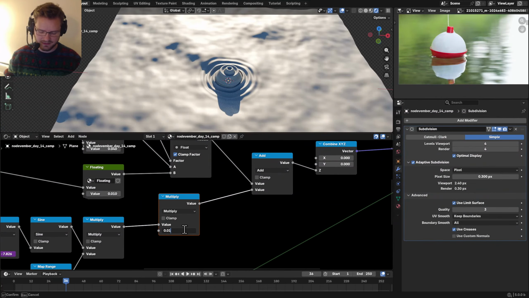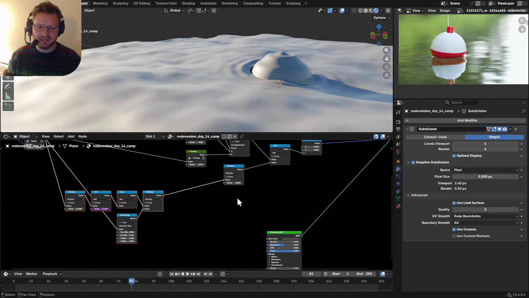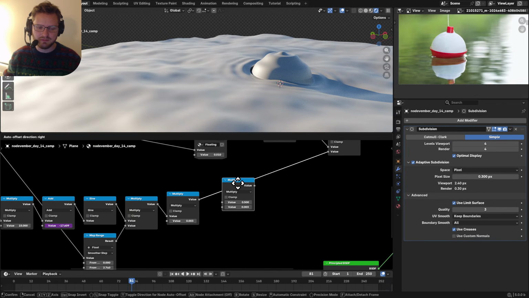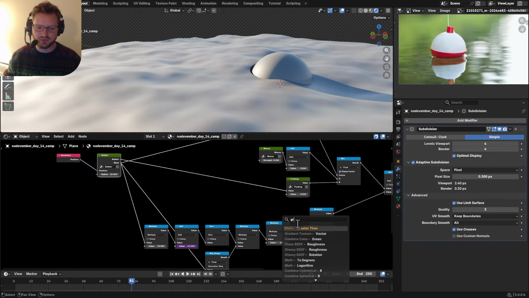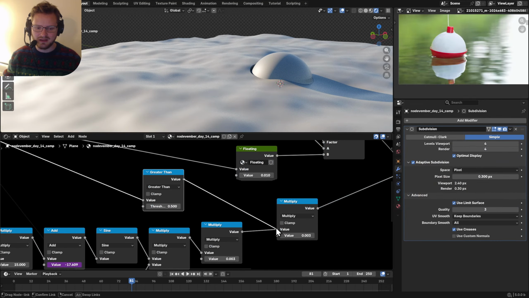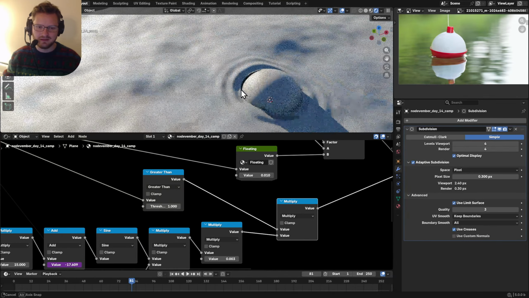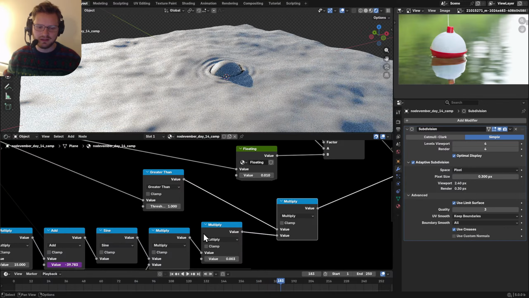Even tinier. And you're going to notice that we have the same issue we did before where it's overlaying on our bobber. So just like before, I'm going to take this, where it happens, and multiply it by some cutoff, which again was where the mask was greater than or less than 1. Which again will cause that issue, but now that looks pretty good.